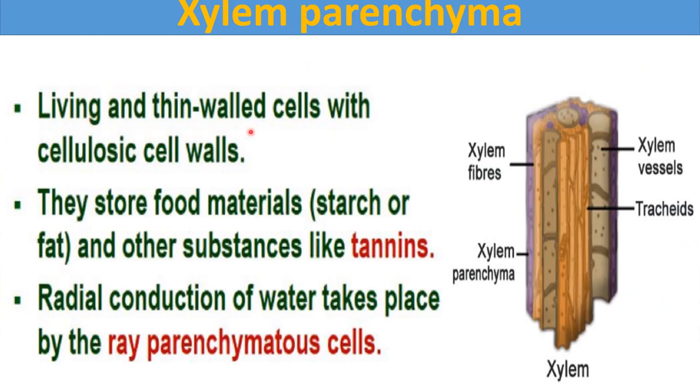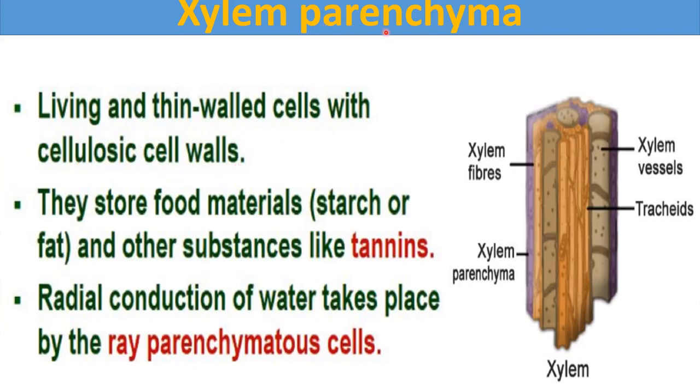Now the next element of xylem is xylem parenchyma. It has living and thin walled cells with cellulosic cell walls. These cells have protoplasm, and they are living cells with very thin walls.